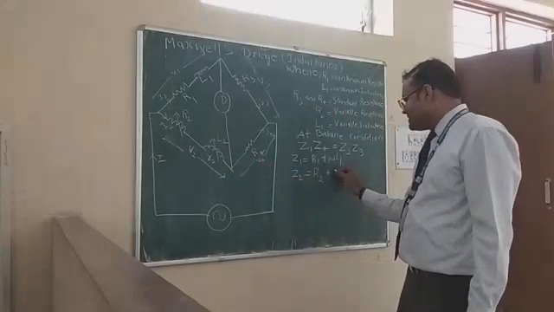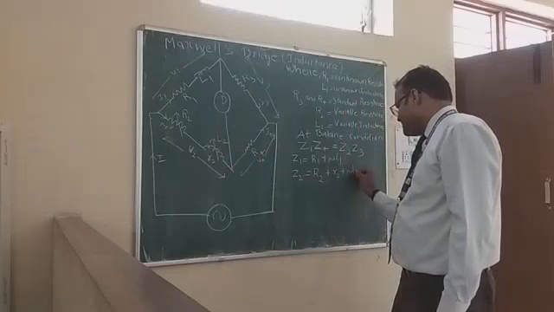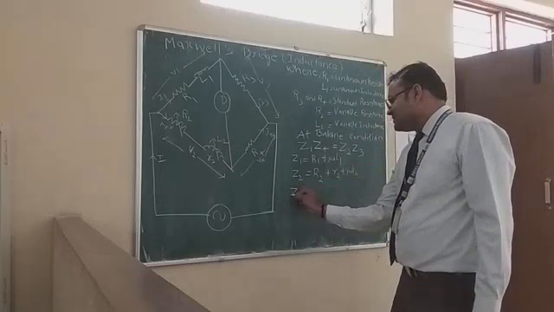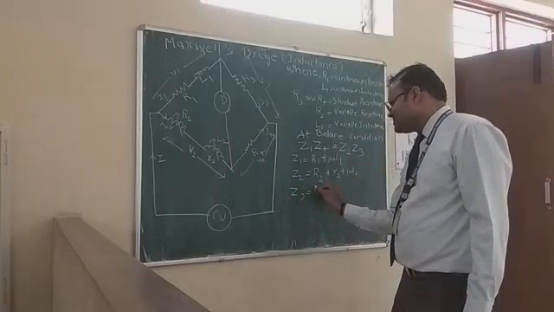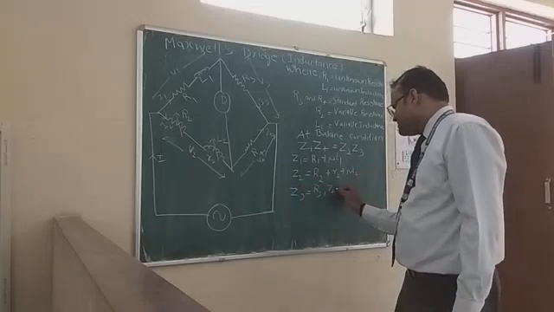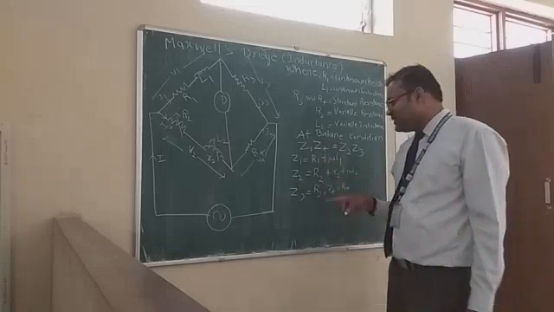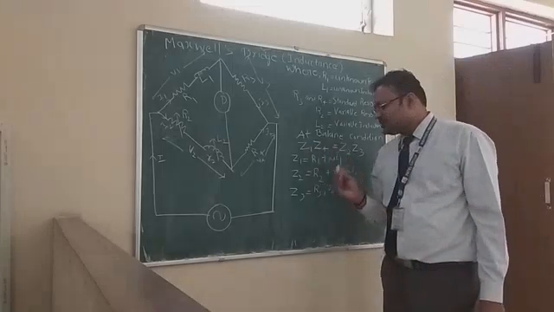Hence we get R2 plus j omega L2. Okay? Z3 is equal to R3, Z4 is equal to R4. Now we can put all these impedance in our balance condition equation. Okay?